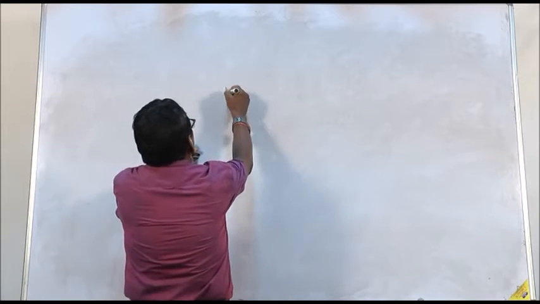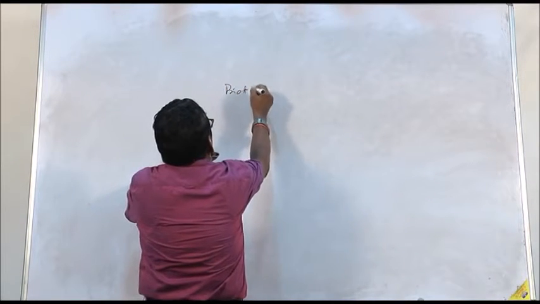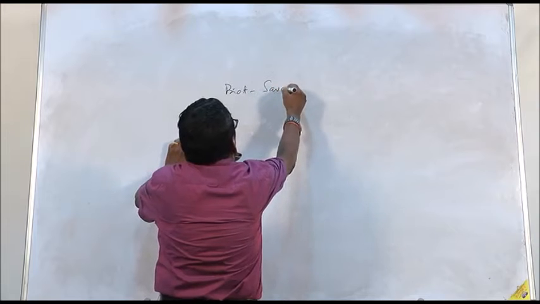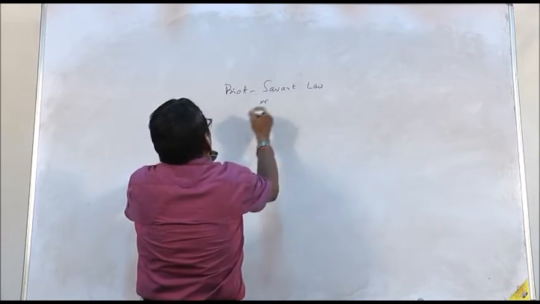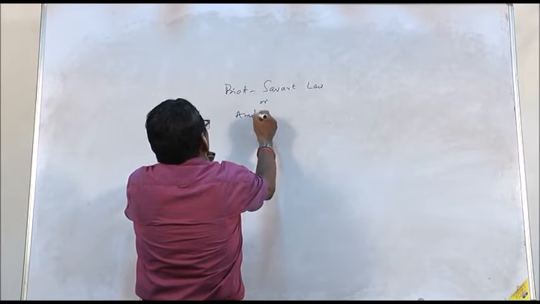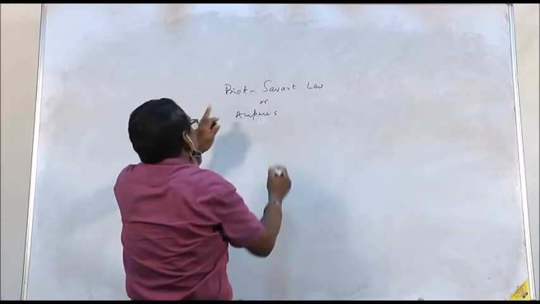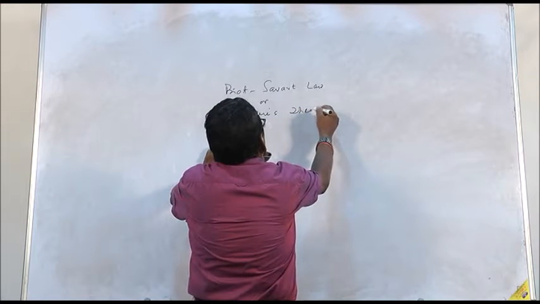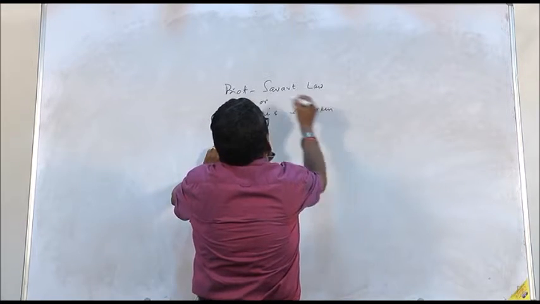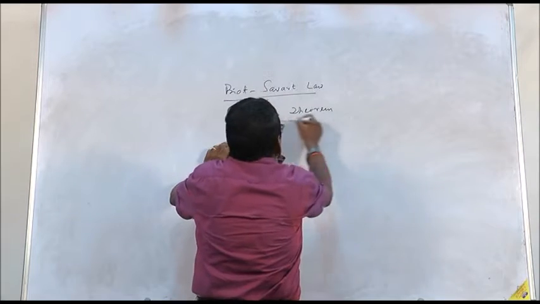The Biot-Savart law is also known as Ampere's theorem. Same thing. In the examination, you may get the Biot-Savart law or Ampere's theorem. Normally, a long question comes from this law.